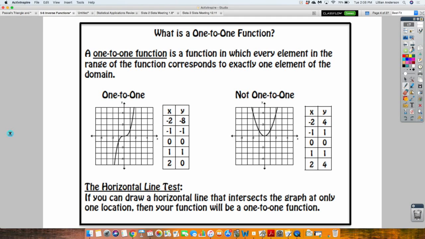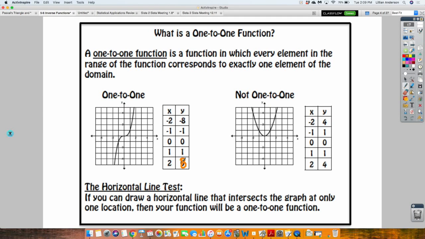However, this other one is not one-to-one. Does this say 0 on yours? It should actually say an 8. Fix it, make sure it's an 8. Now you see that there are different y values for every x value.